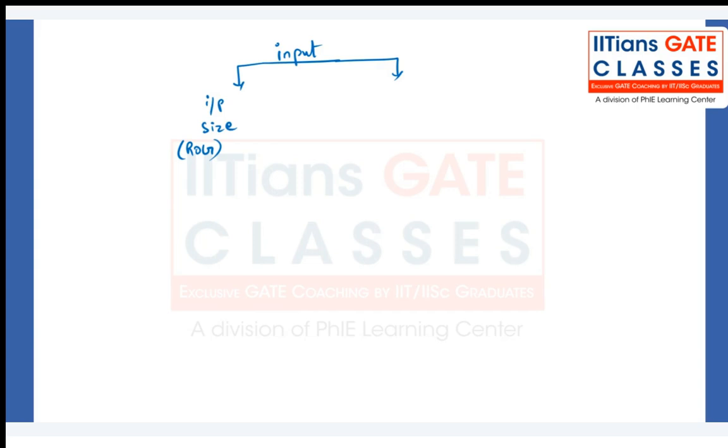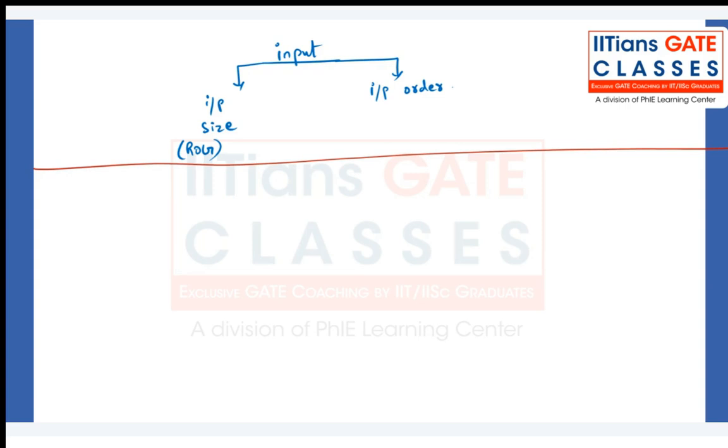Is input size enough? Is the order in which the input is presented to us also important? Or will it not matter however the input is presented, our result will always be the same? Or depending on how the input is presented to us, we might get different results. Exactly. Order is important, correct.